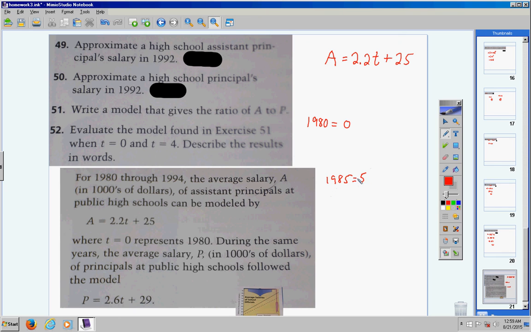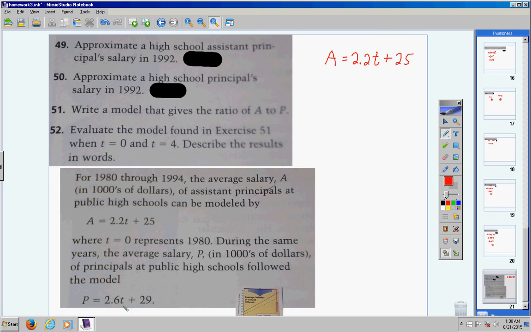So if you want to know how much money the assistant principal made in 1985, you would put what in for T? 5. If you want to know how much money the assistant principal made in 1992, well, if 80 is 0, then 92 would be 12. So you put a 12 in for T right here. So this model right here will tell you how much the assistant principal was making based on what year it was.